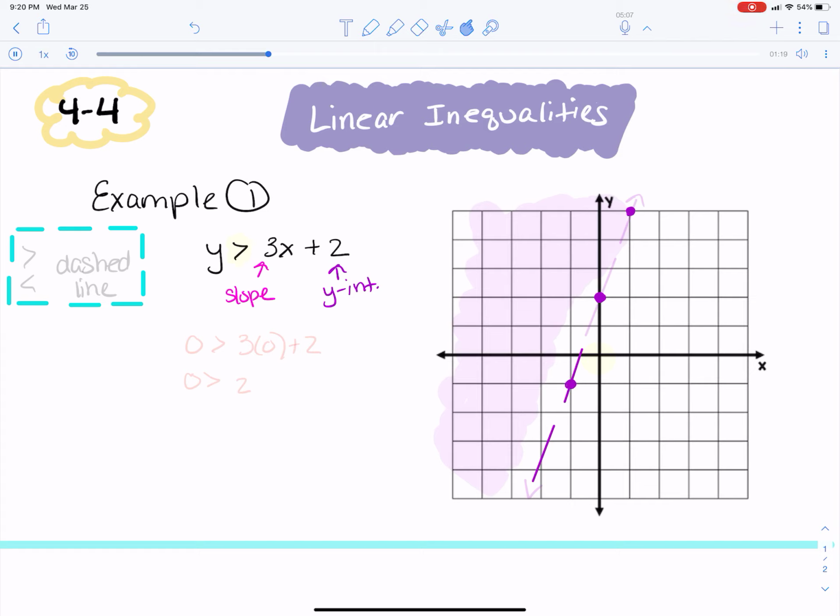But here is the part that's different. Okay? We have to look at our inequality sign. So my inequality sign here is greater than. Now remember, if we have just greater than or just less than, then we have a dashed line.